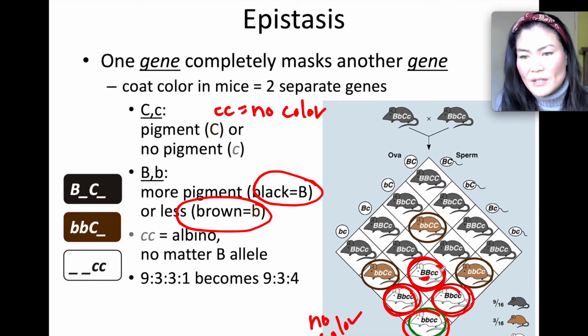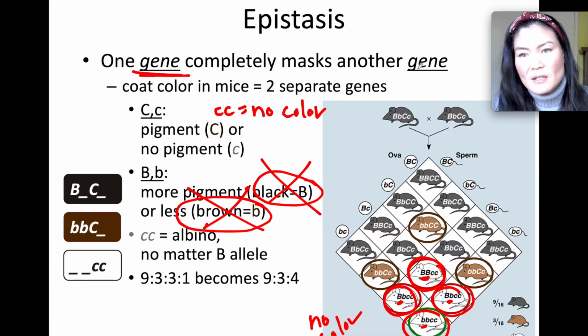If it didn't have the little c, this one should have been black, this one should have been black, and this one should have been brown. But because it inherited the little c, there's no color. It will not show up black or brown. So this is epistasis, where one gene completely masks another gene.